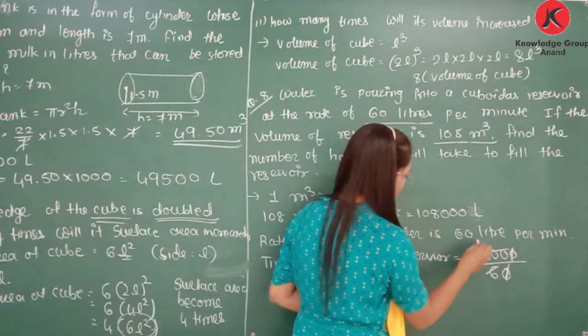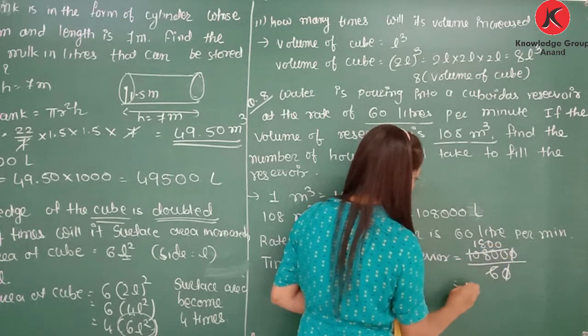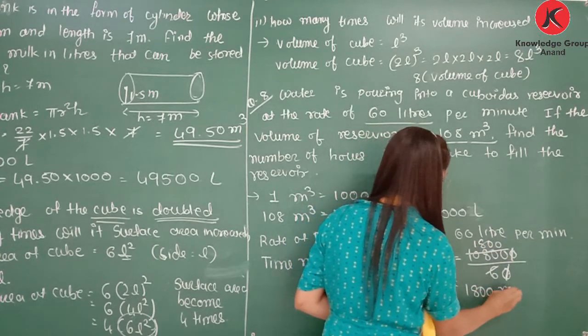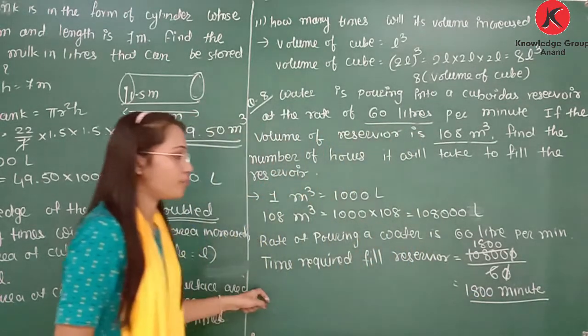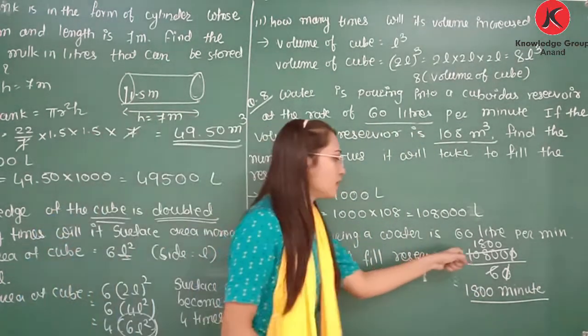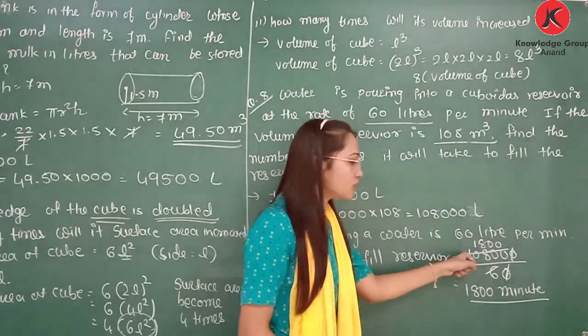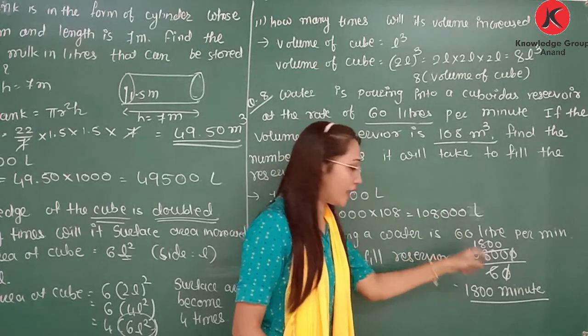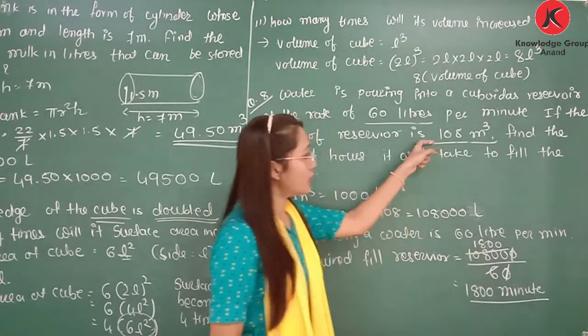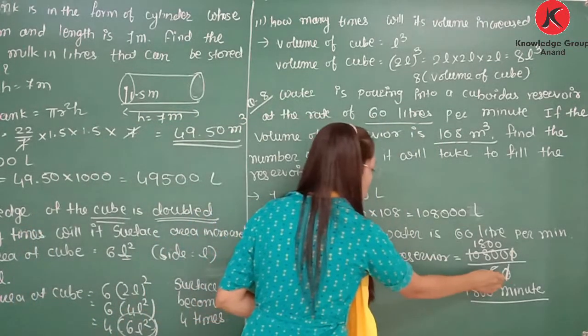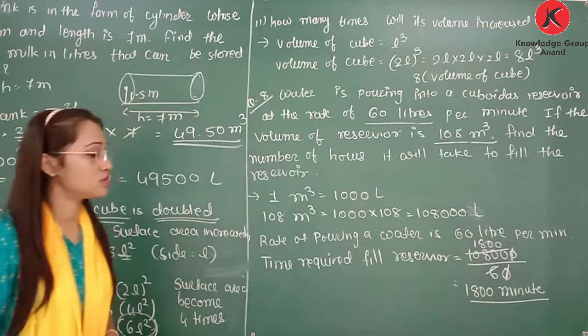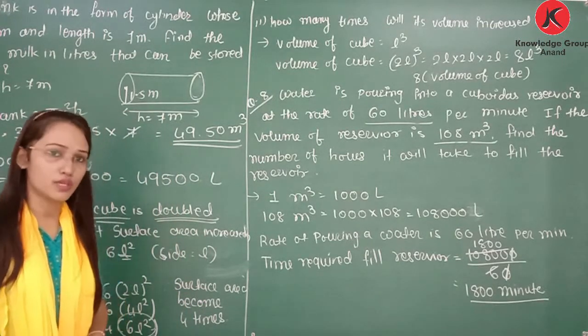So that is 1800 minutes. So this much time will be taken to fill the reservoir. You need to divide the total capacity of the reservoir, which we found in liters, by how much it fills in 1 minute. In 1 minute it fills 60 liters. So it takes 1800 minutes to fill the whole reservoir.